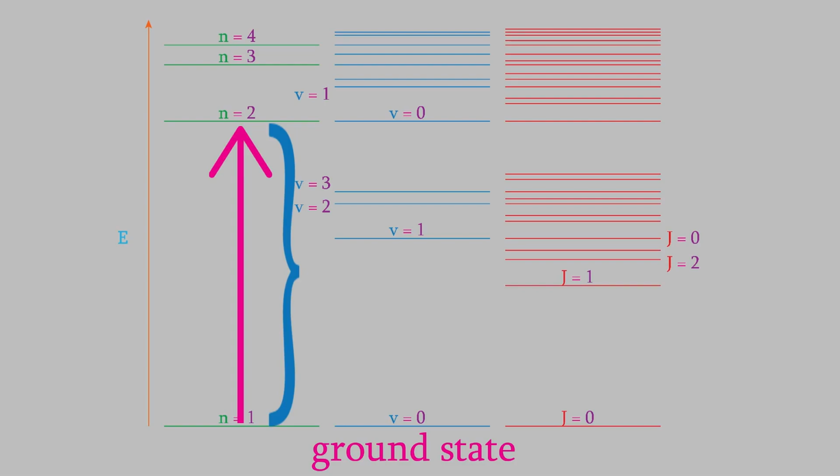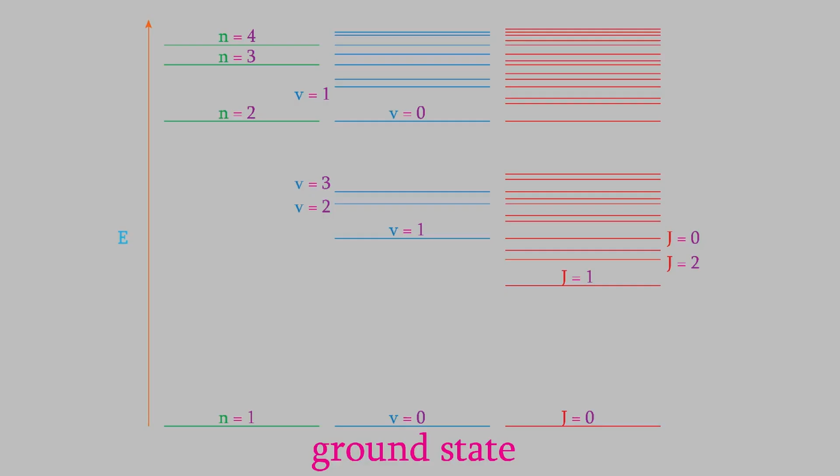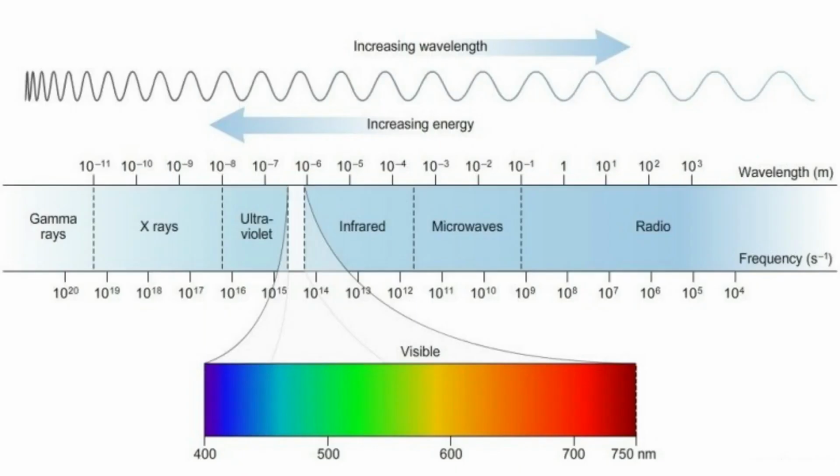For that reason, we use a UV-vis spectrometer to detect transitions between the electronic energy levels of a molecule. Meanwhile, the vibrational energy levels are spaced more closely together, so it doesn't take as much energy to cause transitions between the vibrational levels. If you check the electromagnetic spectrum, you can see that photons in the infrared region have lower energy than visible photons.